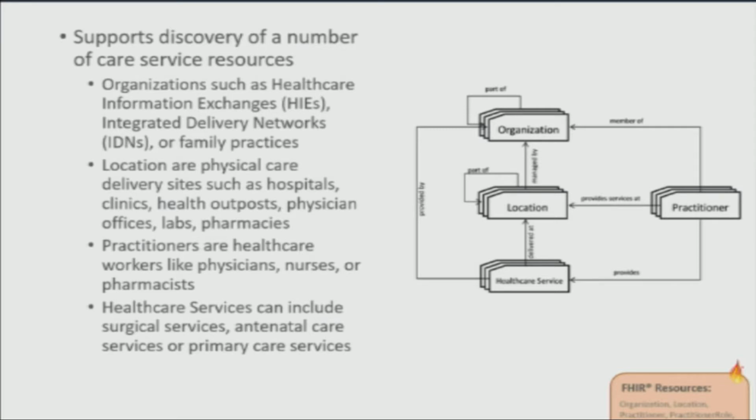Within ITI, there are two different directories, provider directories, so to speak. There is the Care Services Discovery, and there is the HPD, the Healthcare Provider Directory. This is let's combine them and create them as a FHIR profile.